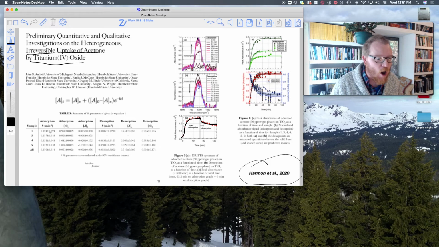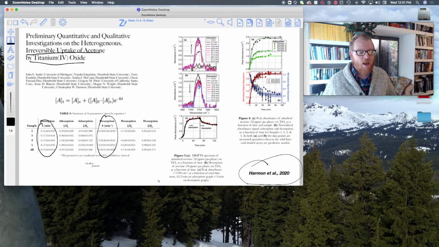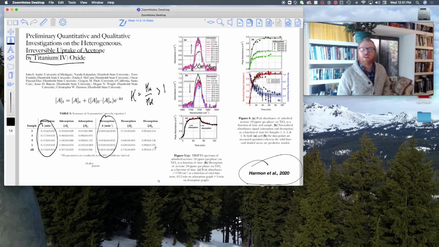And you can see our adsorption rate constants are greater than our desorption rate constants, which is pretty cool, which would tell us, so we know that K is Ka divided by Kd. So that would tell us, so we've learned that the equilibrium constant is greater than 1.